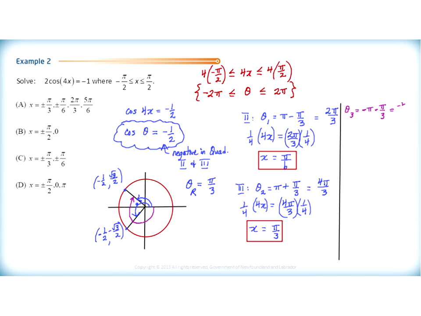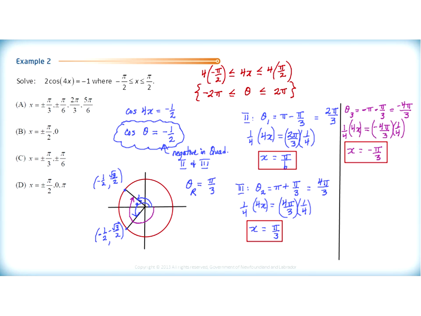So that results in a -4 pi/3. Replacing theta with 4x, we have 4x is equal to a -4 pi/3. Multiplying both sides by 1/4 to enable us to solve for x, x is going to equal a -pi/3. That's another solution for this equation.